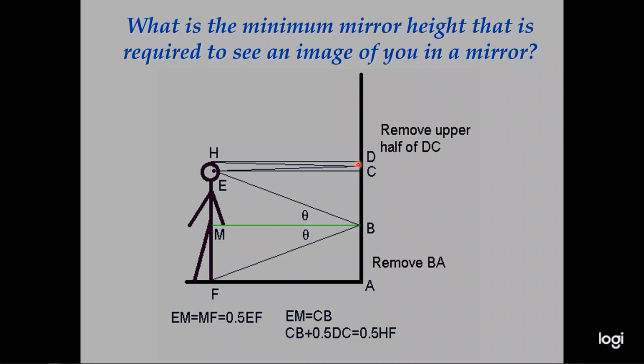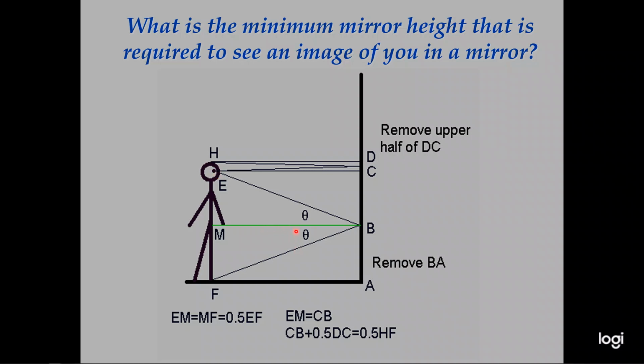Let's say I have a mirror here. There you are standing in front of the mirror. It's a flat mirror. So if you stand further back, all it's going to do is change these angles. So imagine the light coming from your feet, hitting the mirror here, and then going into your eyes.